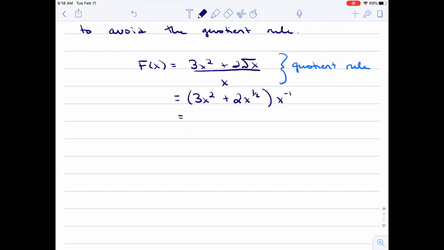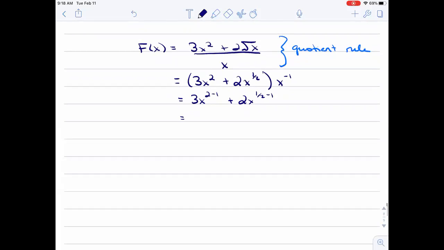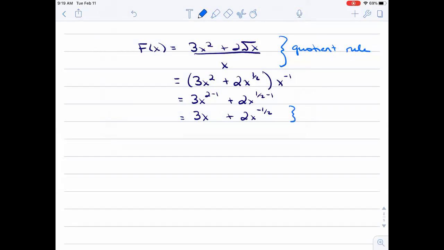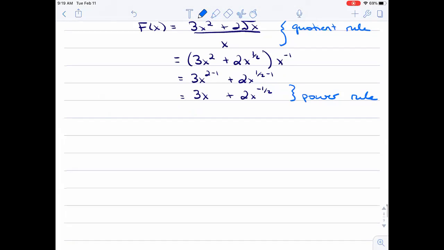Bringing that x to the -1 inside, I've got 3x to the 2 minus 1 plus 2x to the 1/2 minus 1, which is going to be 3x plus 2 times x to the -1/2. Now you just do the power rule and the sum rule, because we can just call it a polynomial.